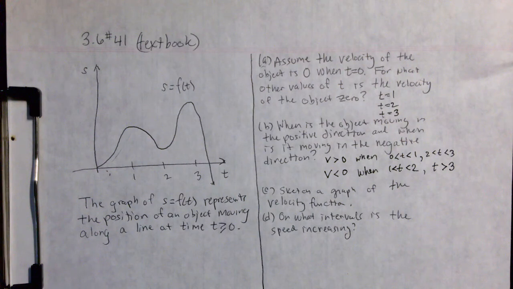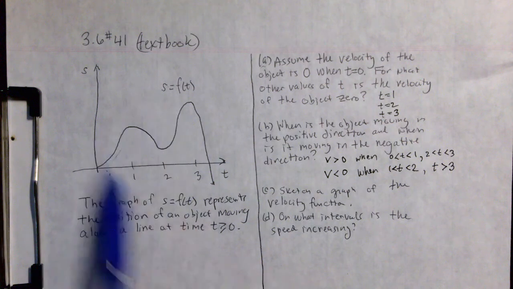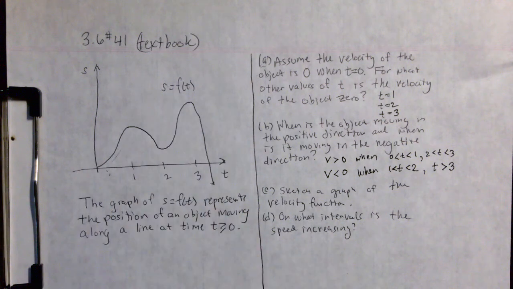Part C says sketch a graph of the velocity function. I'm going to sketch it right over here in a different color. A lot of times students that are learning calculus find graphing derivatives challenging. And it is challenging. Here's what I would recommend as a starting point.